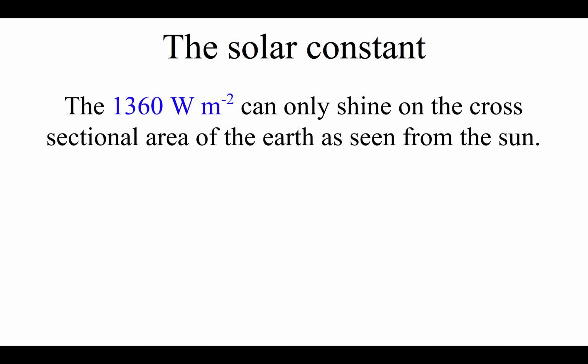Okay, so this power per meter squared can only shine on a cross-sectional area of the Earth, okay? What we have here is effectively a circle, and the area of the circle is, of course, pi r squared. In this case, the radius is the radius of planet Earth.